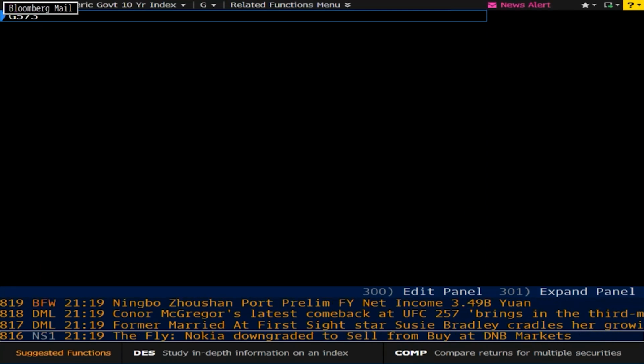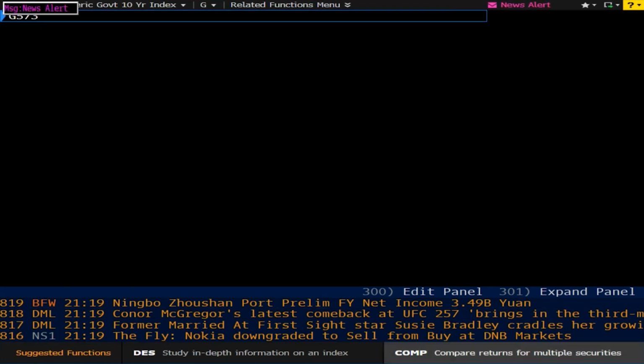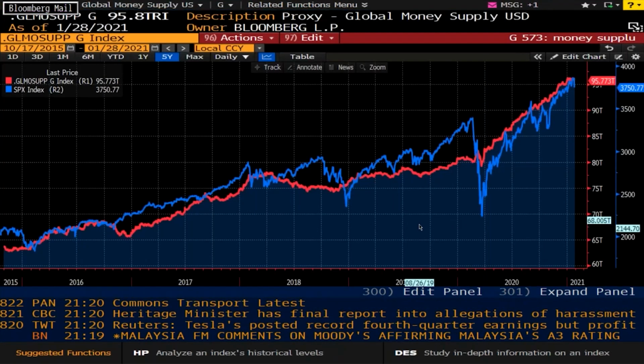If we have a look at one of the key drivers for the market, if this comes up hopefully fairly soon. It takes a little bit of time to load up this chart. What we can see here is the S&P relative to global money supply.